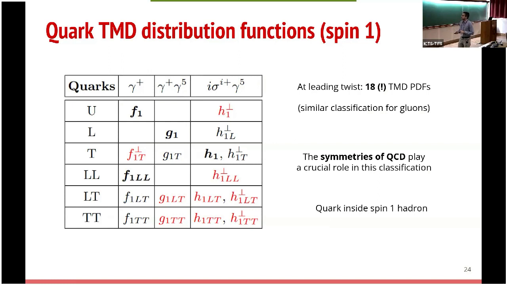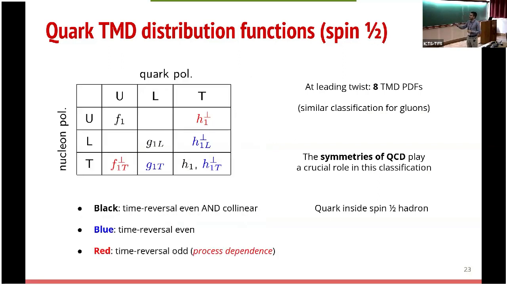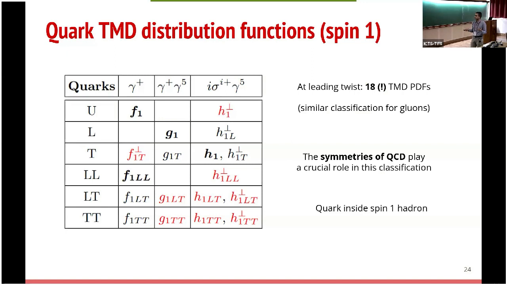All right, so this is the more complicated table. The one with the 8 distributions was for the nucleon case, spin 1/2. If you consider a deuteron, you don't have only 8 functions, but you have other functions here. You get to 18, so you add another 10 TMDs related to the tensor polarization of the deuteron, or the spin 1 particle that you are considering.